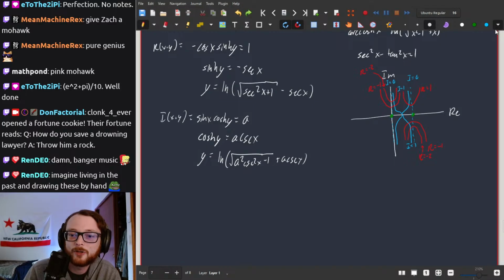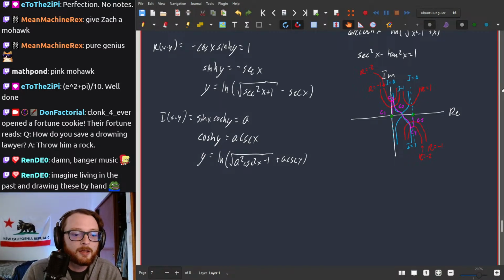I don't think black contrasts well enough. Magenta. Okay, C1, C2, C3, C4, C5.